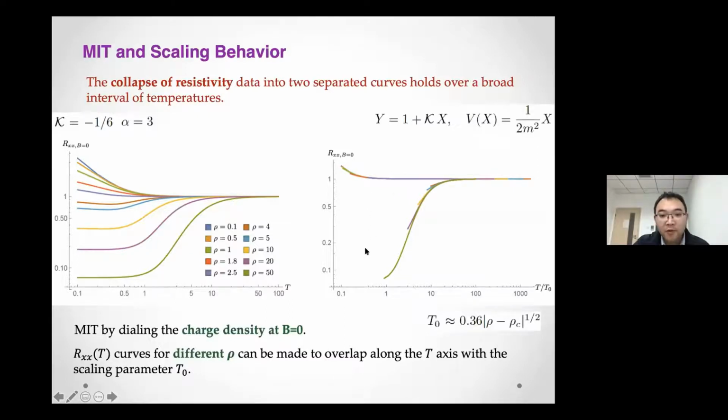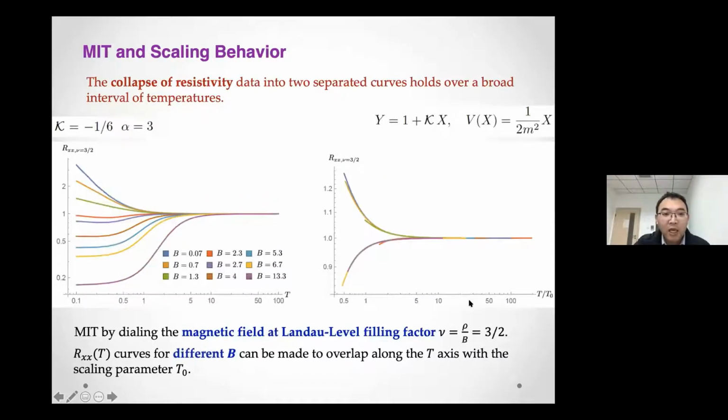And indeed, we find that different curves can be made to overlap along this temperature axis with the scaling parameter T0, with this expected scaling behavior. And this is the case. Here we turn on the magnetic field by fixing the Landau level filling factor. We consider 3/2. Here are different curves for different magnetic fields. We can also have the collapsed behavior.